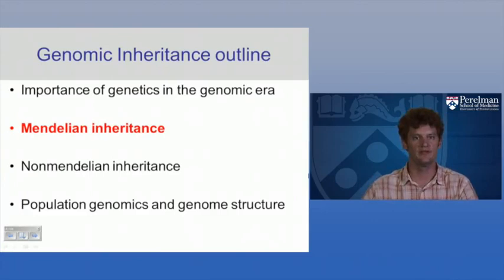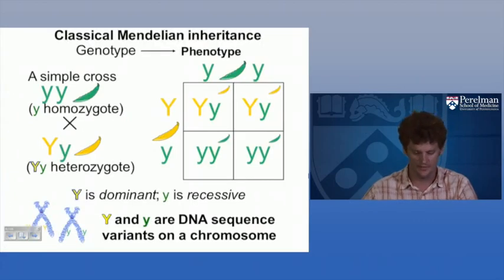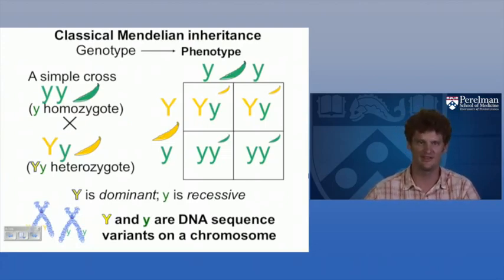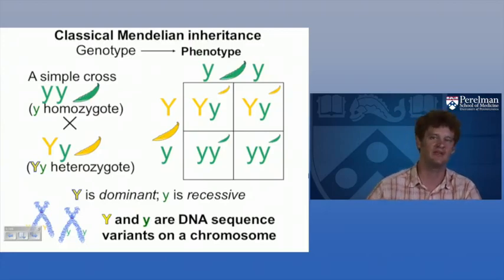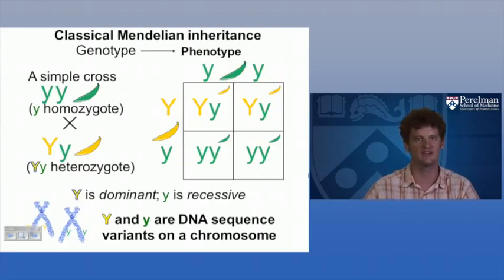Okay, so Mendelian inheritance. Mendel was famous for originally coming up with some of these ideas, and he developed the first description of genetics looking at peas. Famously, he crossed yellow peas with green peas, and you can denote the relationship between genotype and phenotype using capital and lowercase letters. If you're a diploid, which all humans are, and most model organisms are as well, you have 2 copies of pretty much every gene.